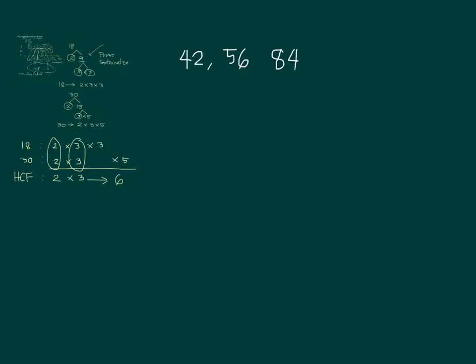Okay, so I'll break these numbers into their prime factors. So let's start with 42. So I know 42 is 2 times 21. 21 is 3 times 7, and in which 3 and 7 are already prime numbers, so we can have 2 times 3 times 7 for 42 in terms of its prime factors.